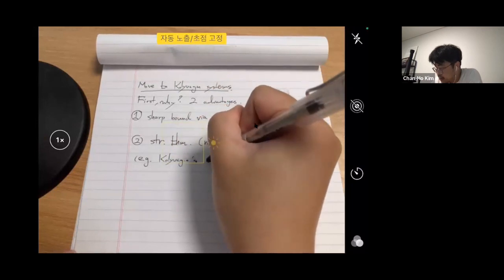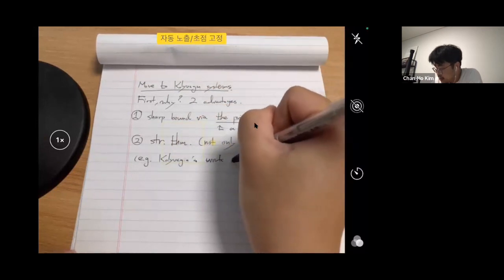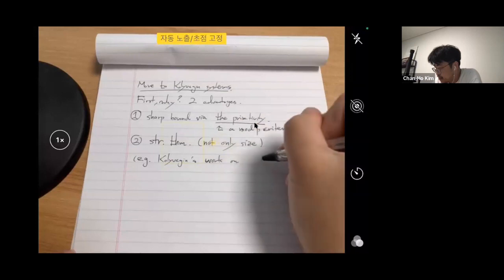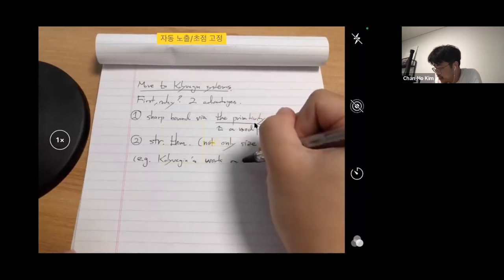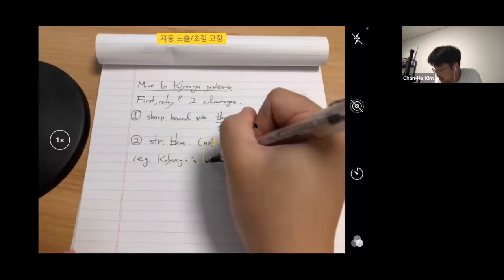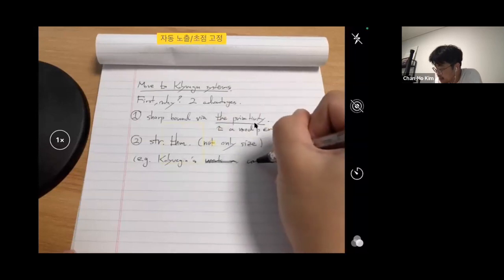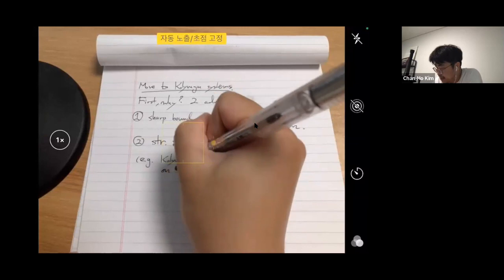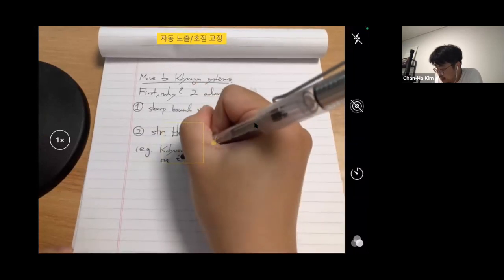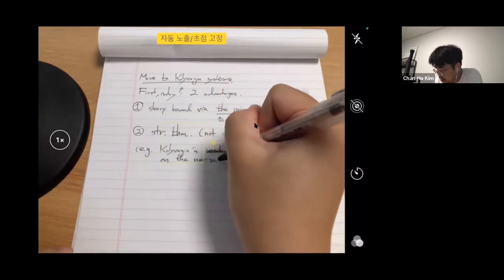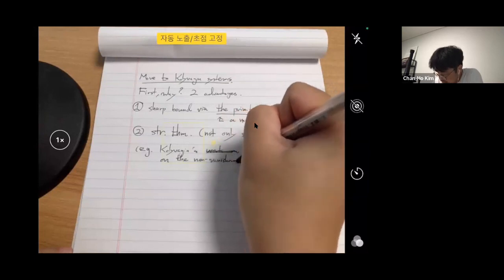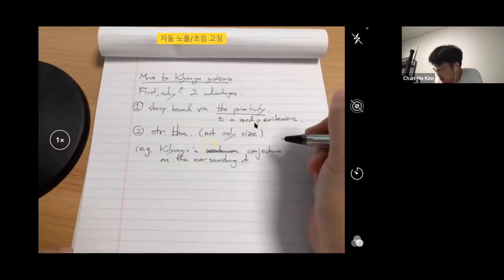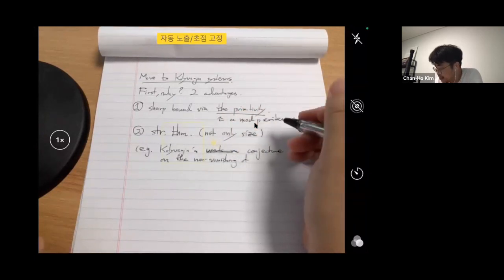Let me just say Kolyvagin's conjecture on the non-vanishing of the Heegner point Kolyvagin system.